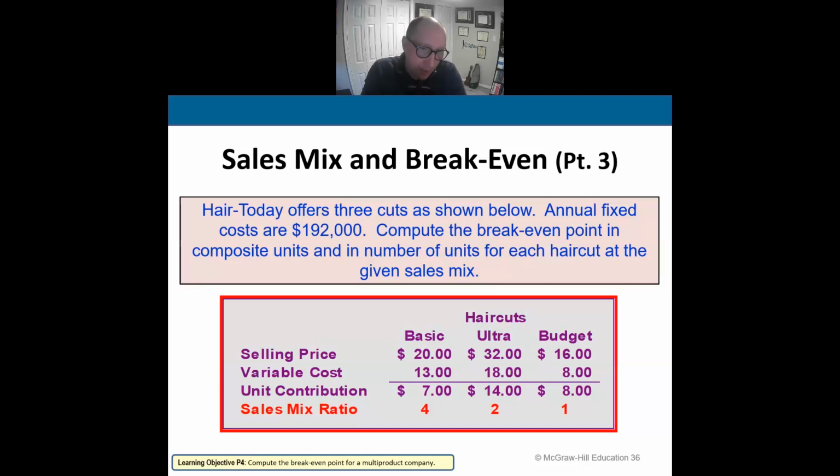My sales price and my variable cost are different for each type of haircut. So I take my sales price minus my variable cost to find my unit contribution for each type of haircut. And I can find the sales mix ratio based on the contribution margin for each type of haircut.